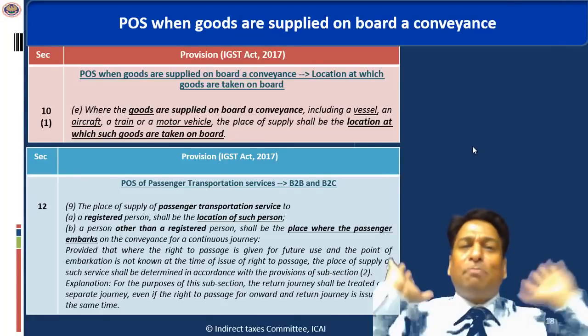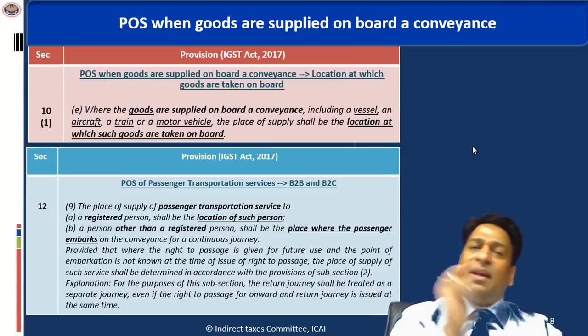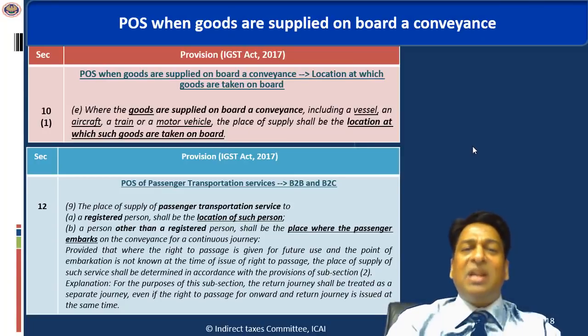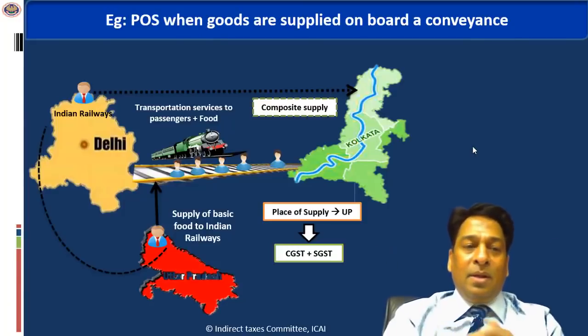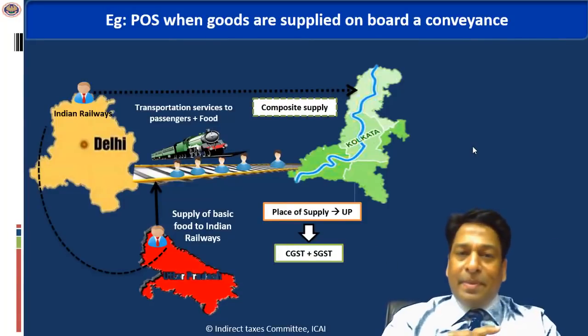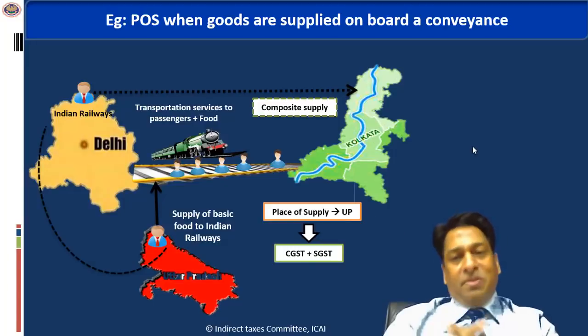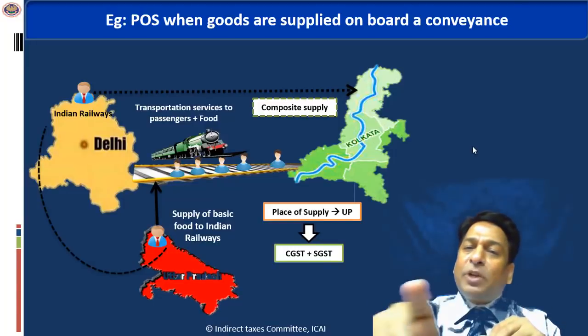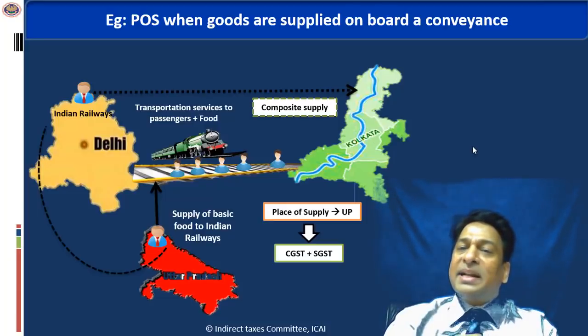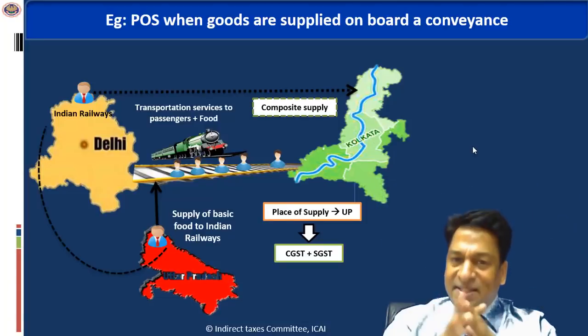So keeping both parameters in your mind, let's do this practical case study for detailed analysis. Now there's the Indian Railway in Delhi, assume registered. They are giving transportation services to the customers, passengers.